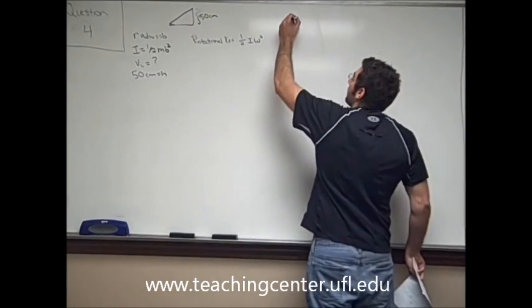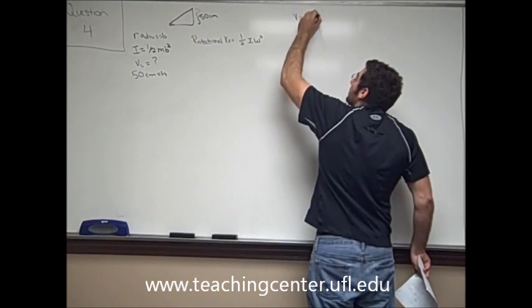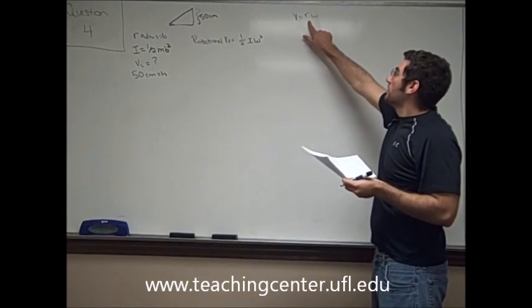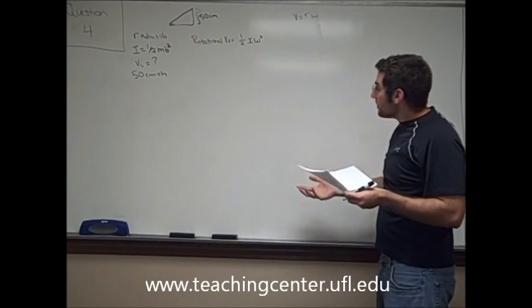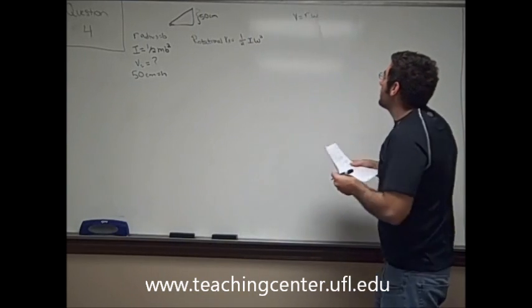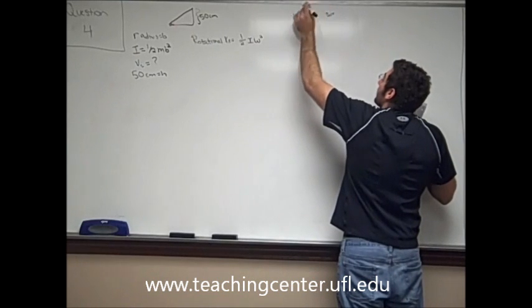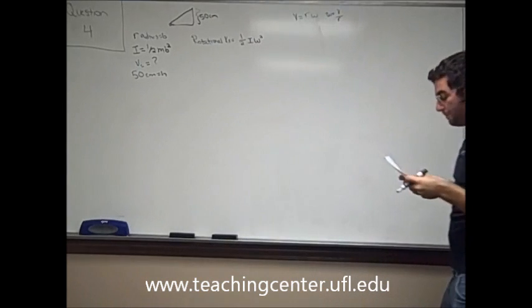But if you guys remember from last test, v equals r omega. So linear velocity is equal to the radius times the angular velocity. So if we go ahead and rearrange this, we could say omega equals v over r.